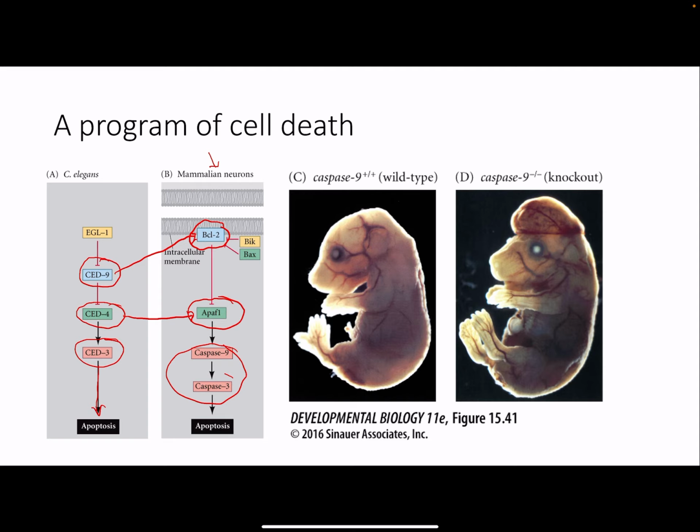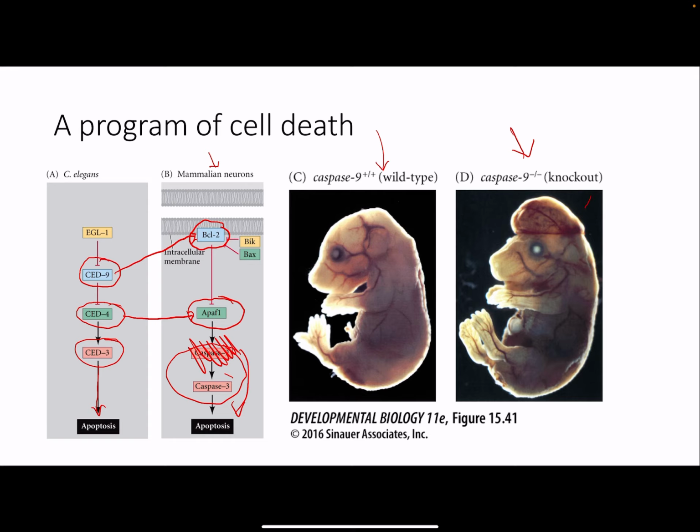And we can actually see some of the problems that occur with this. If we look at a wild type developing mouse, here we can see the blood vessels, as well as the brain, because the mouse is relatively transparent at this point. He's small enough. However, if we knock out caspase-9, which is usually important for driving apoptosis, it's like we get rid of this step in the chain, and so we can't activate caspase-3, leading to apoptosis.